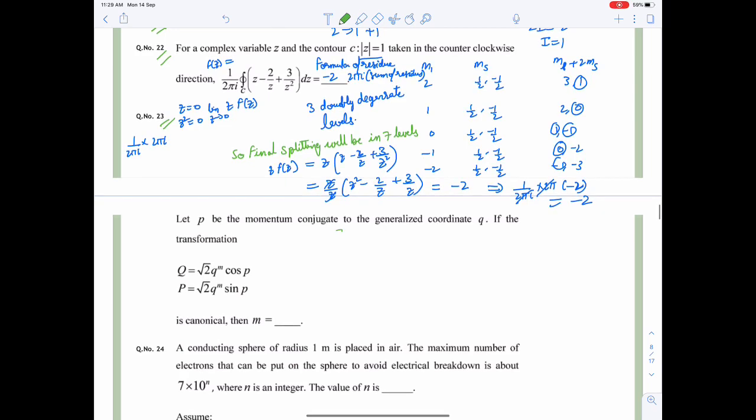You have to apply the formula of the conjugate, that is, the bracket QP is equal to, capital, this is equal to PQ, which will be equal to del Q curly P by curly Q minus, sorry, I am writing, first Q should come. We have to maintain the order.